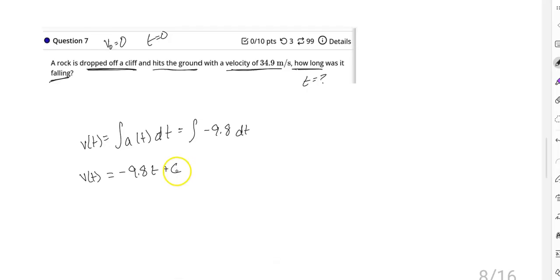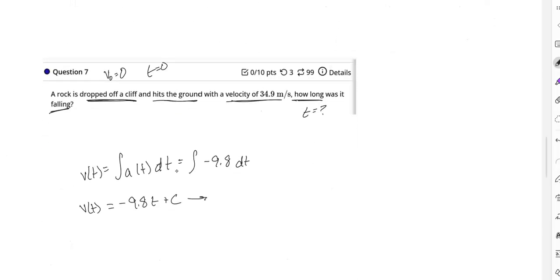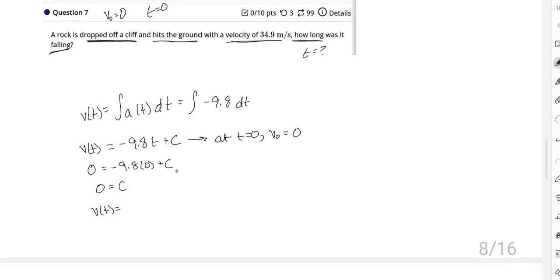So remember, this is where we use the initial condition. At time 0, the velocity is 0. So that means c has to be equal to 0. So my velocity equation is really just negative 9.8t.